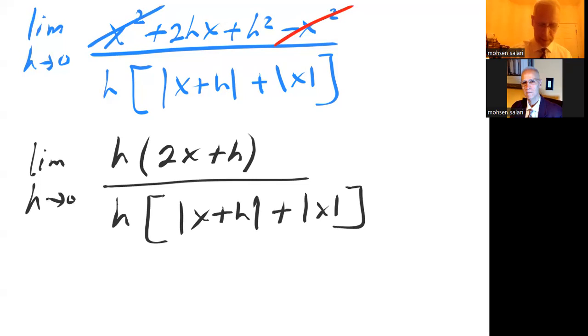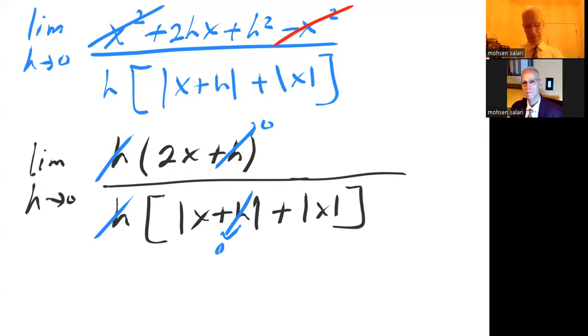So at this point, I'm going to cancel the h from here and here. And as the limit goes, as h goes to 0, then this h goes to 0 in here, and this h goes to 0.